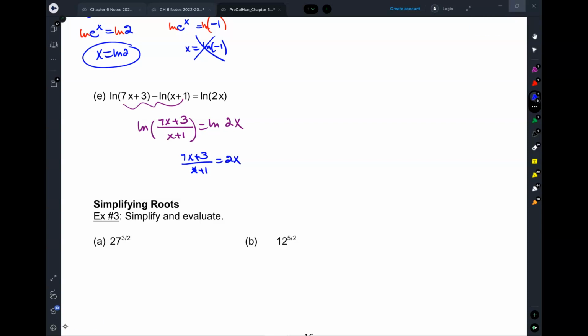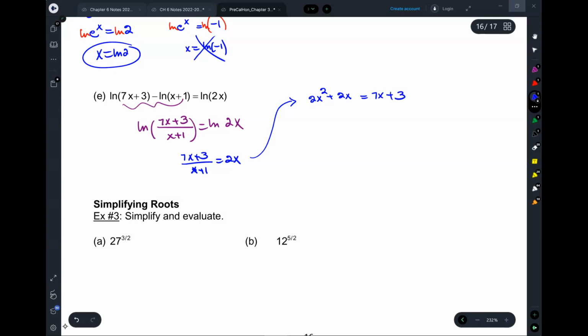And then let's go ahead and solve. So when you cross multiply, you get 2x squared plus 2x equals 7x plus 3. Bring it over to the same side.